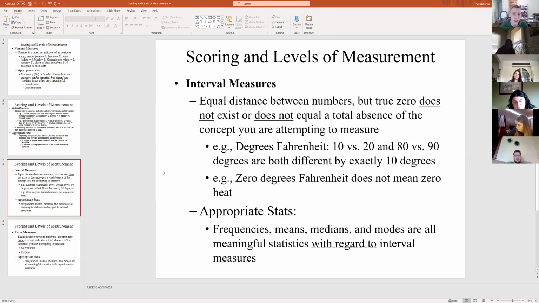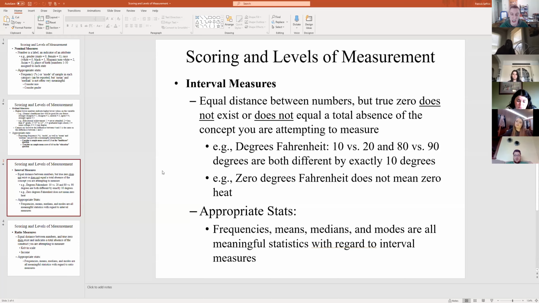So a zero on an interval scale does not really mean a total absence of what you're measuring, or a true zero may not be able to exist. It may not make any sense to say that there is zero of something. So you can't have zero height. You have some height. It doesn't make any sense.